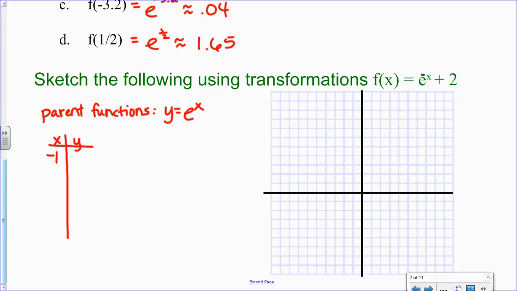So I'll make a table for e to the x. We have some of these already evaluated for us. Let's do at least one negative, so negative 1 and then 0, and I just did 1 and 2.